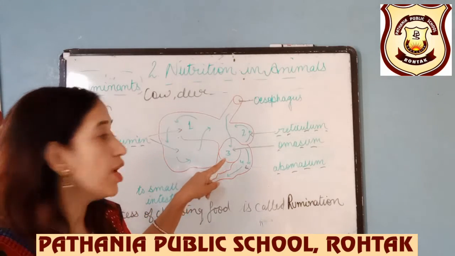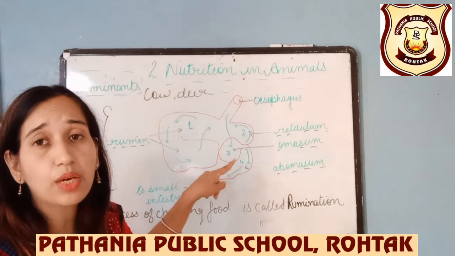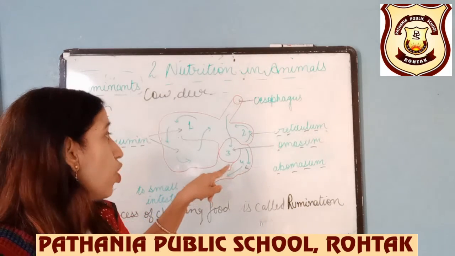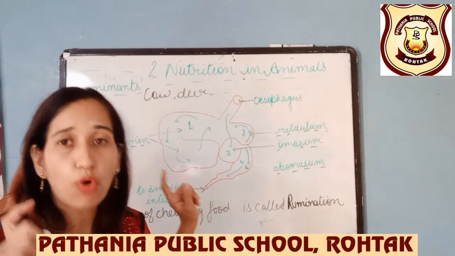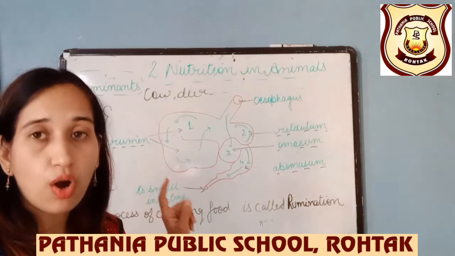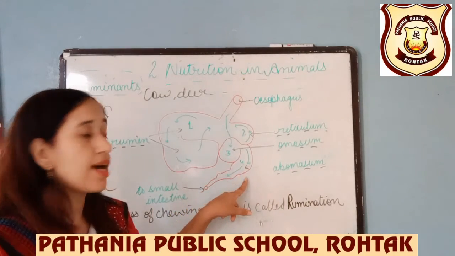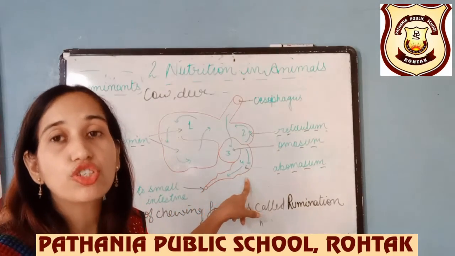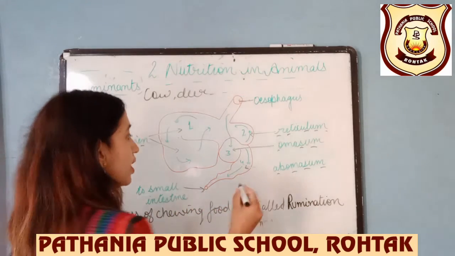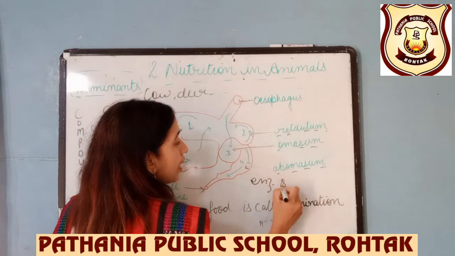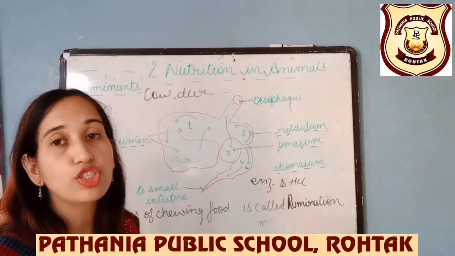Now what happened in this third part? After mixing with saliva, it enters the fourth part. This third part is small, where food is not stored for a long time. Then the food is transferred to the fourth part, that is abomasum. Here the complete digestion takes place, and enzymes and HCl are present, which kill the microorganisms and digest the food completely.